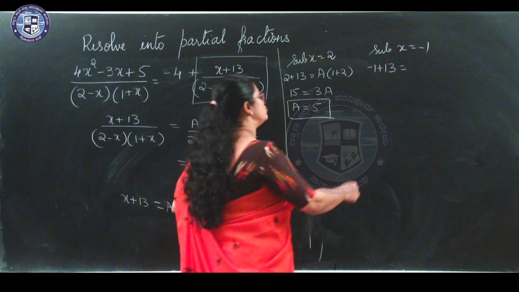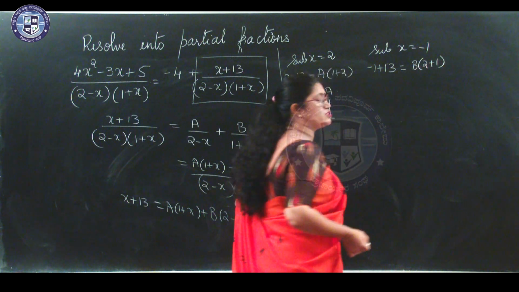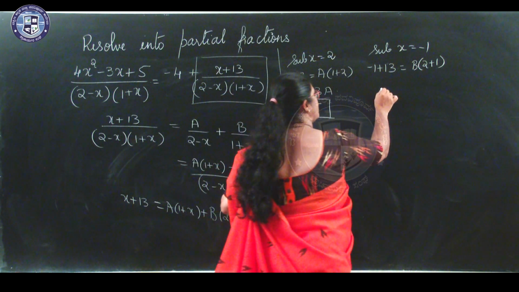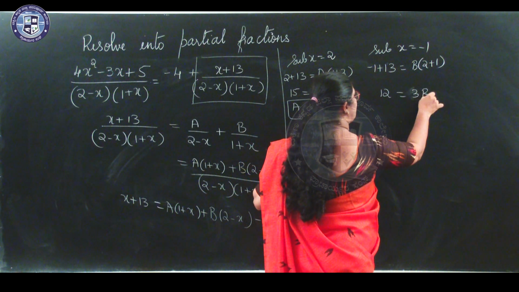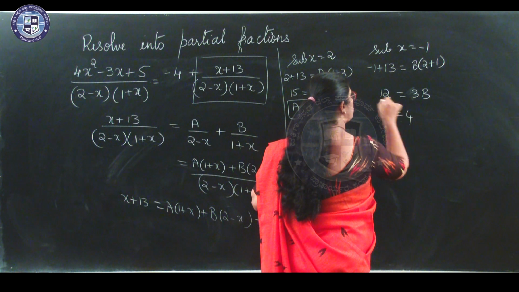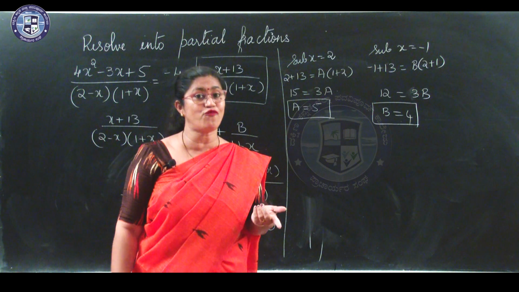So, b into 2 minus minus 1 becomes 2 plus 1. So, here 12 is equal to b into 3 or 3b or b is equal to 4. I got the value of a, I got the value of b.